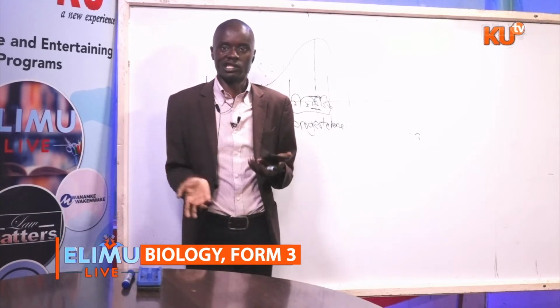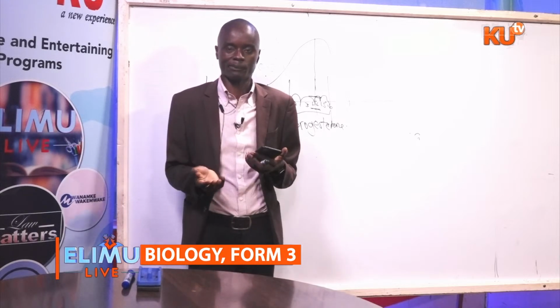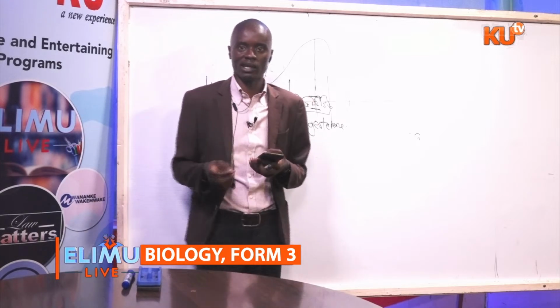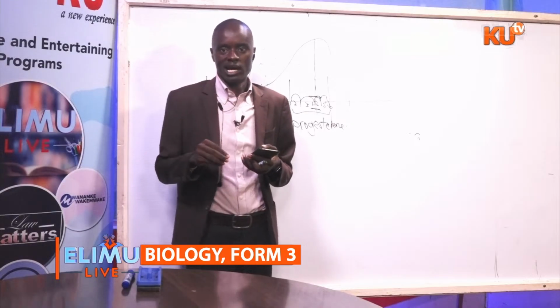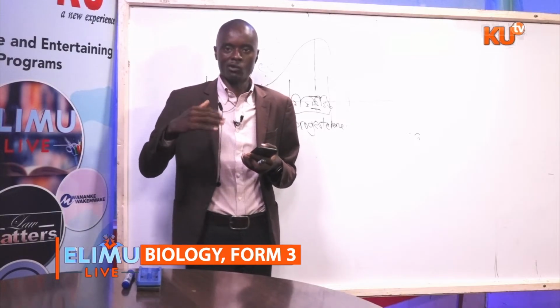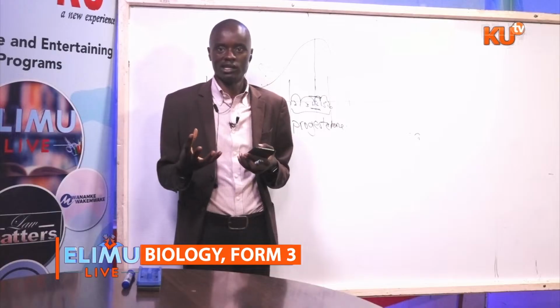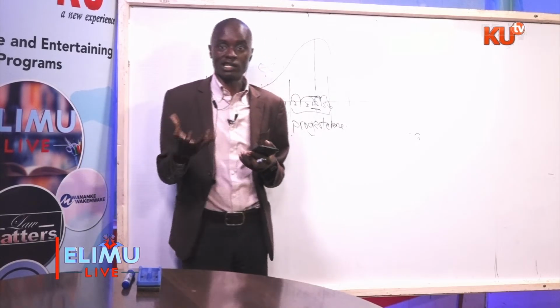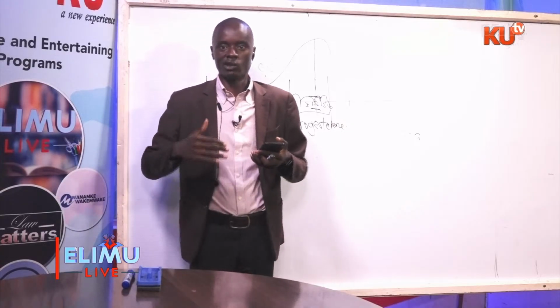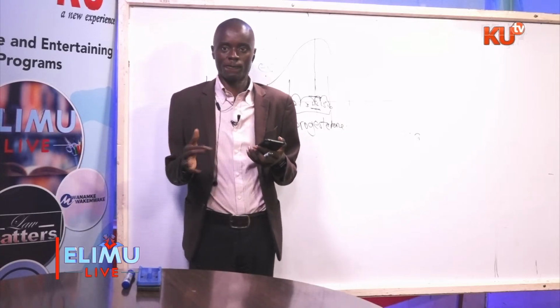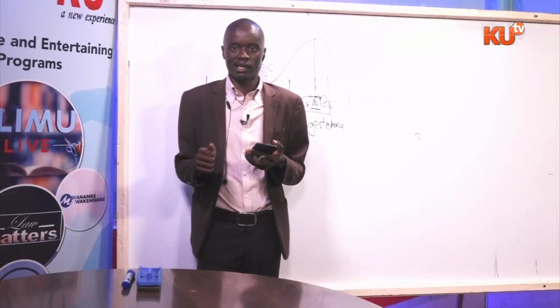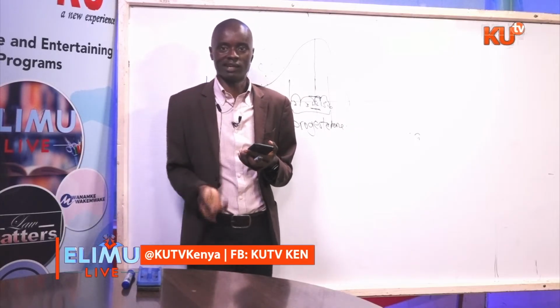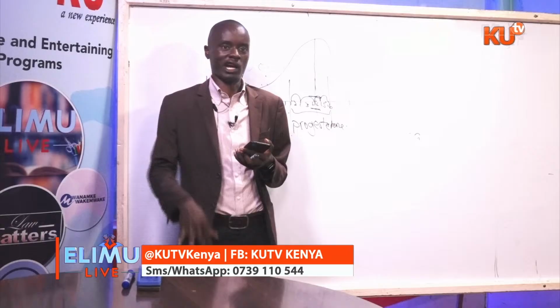Others will miss it for 6 months, others for 1 year. And number two, the flow of blood or the flow of menses will be very heavy, meaning that the volume of the menses will first of all increase, and it will also flow for many days. That is 5 days, 7 days, others even go for 1 month.